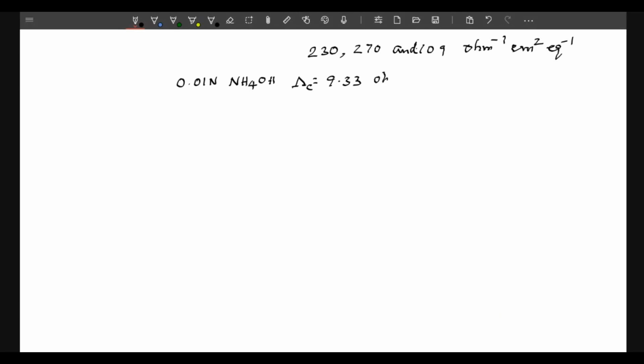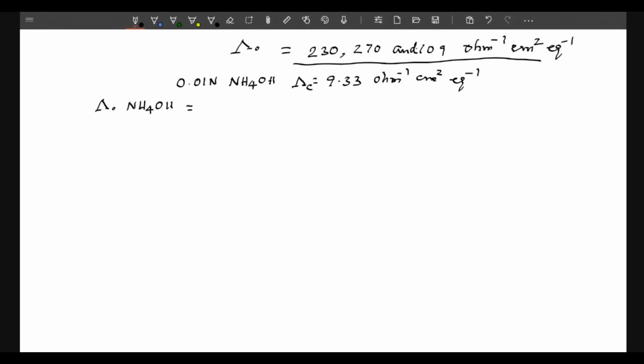Here they have given the lambda naught for various strong electrolytes. Now, what are the problems that can be asked? These are the data given. From this value, you can calculate the lambda naught of ammonium hydroxide.